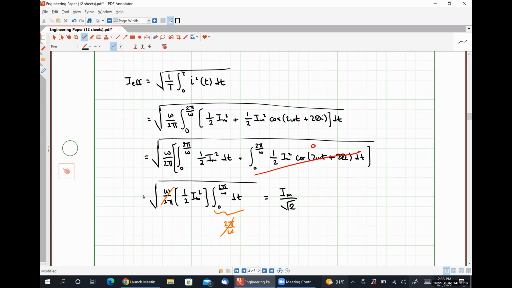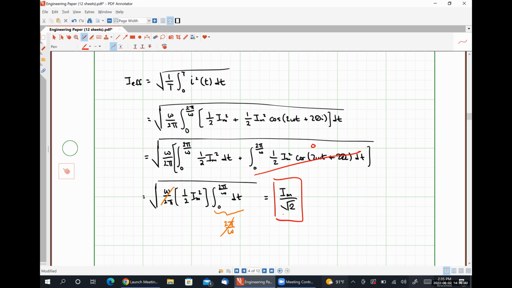Okay, so this is a very important result. I'm going to put a box around it. The magnitude of our current waveform divided by the square root of 2 is the effective value for our sinusoidal current waveform. Now I want you guys to realize something pretty neat here.